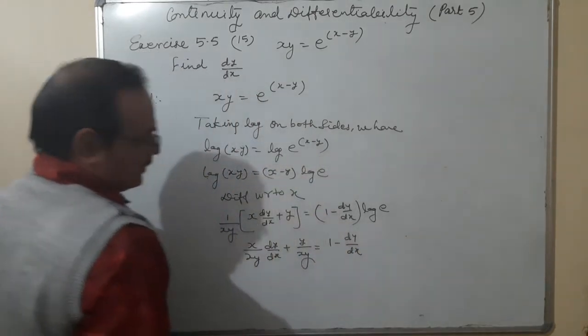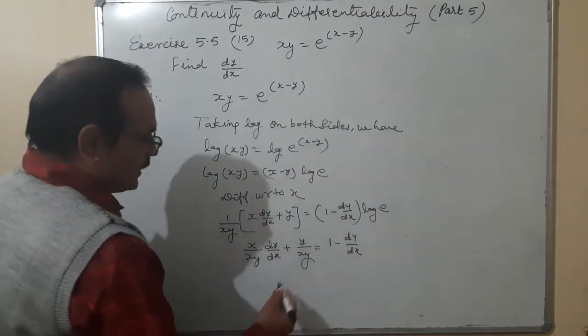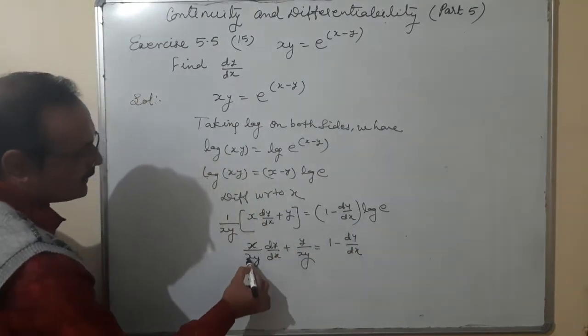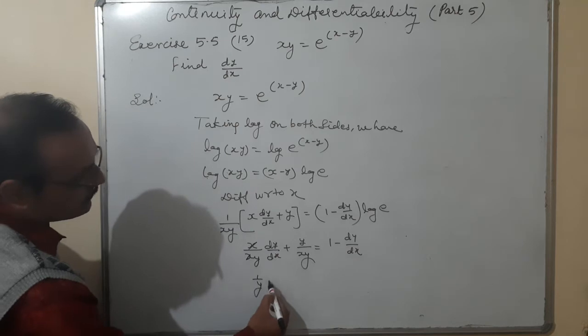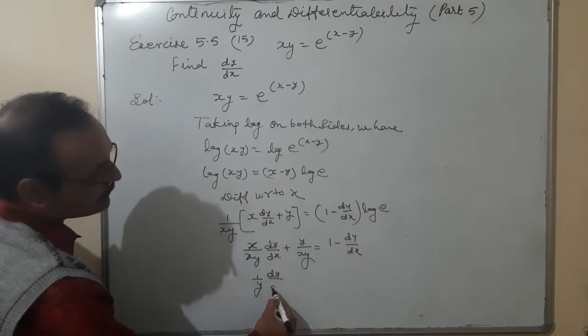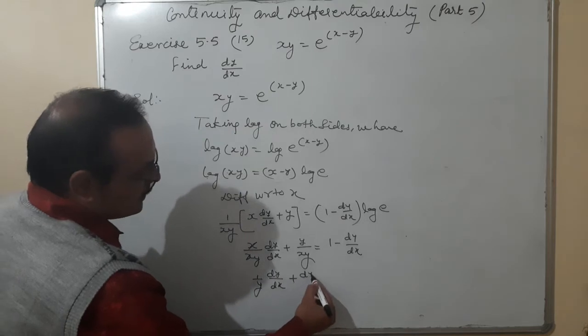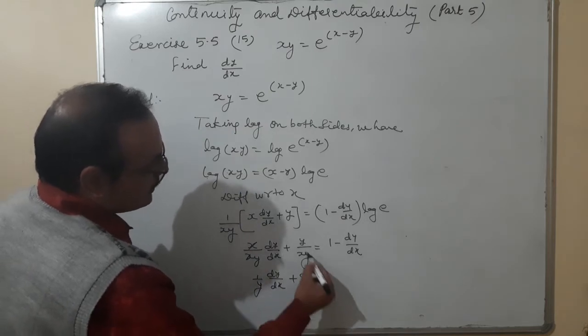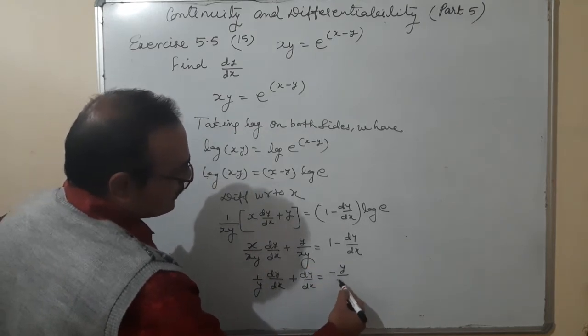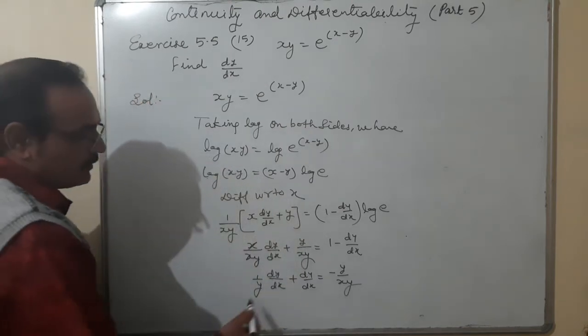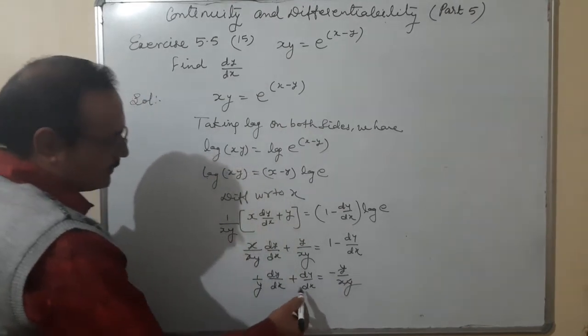Now we'll separate dy by dx on one side. So x cancels. 1 upon y dy by dx plus dy by dx is equal to minus y upon xy. Here also y and y cancel.